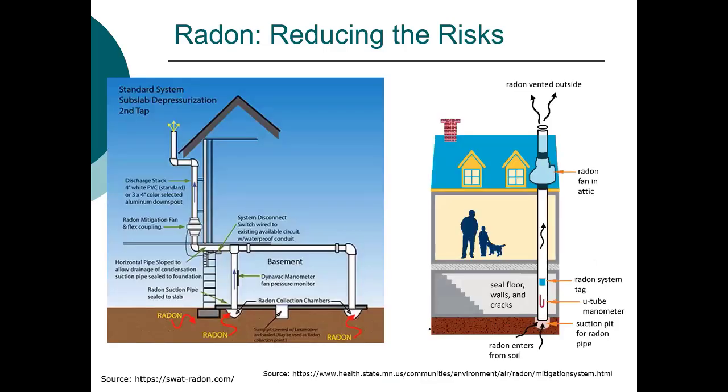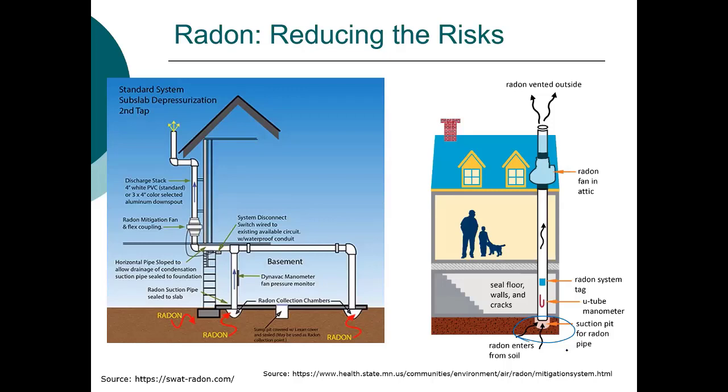And this is just some figures showing the mitigation system. Basically, there's a suction pit, so that's the sump that I talked about. There's a U-tube manometer to make sure that the system is working. The radon tag is put in by the installer.